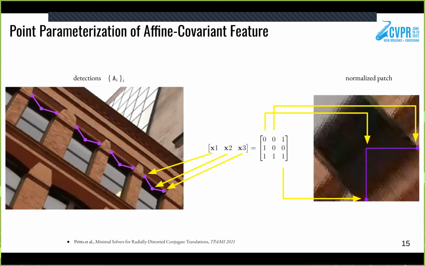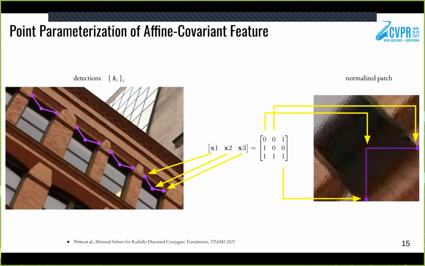In particular, for most, but not all of the solvers that will be presented in this presentation, we use what I call the point parameterization of the affine-covariant feature, which is very easy. This is just when your detections are described by this affine transformation, which relates the canonical basis on the right to points in the image, the x1, x2, and x3.